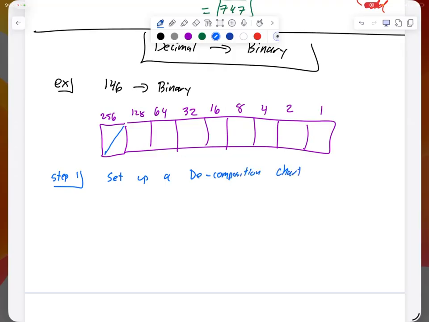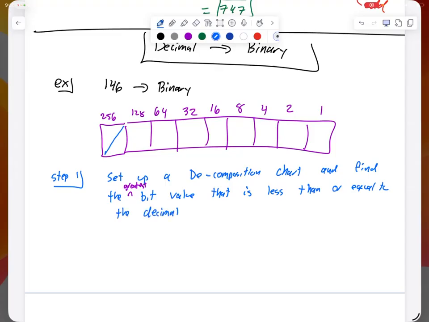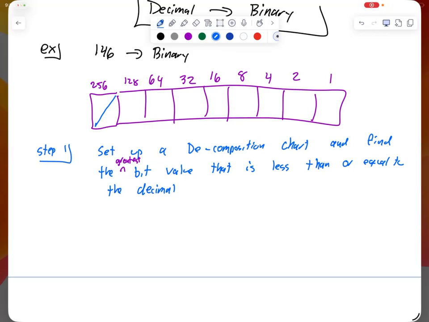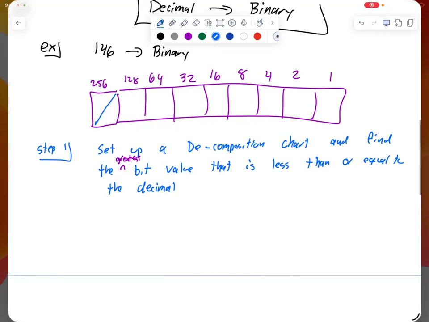I'll just put in words what I just said, and find the greatest bit value that is less than or equal to the decimal. So 128 is the greatest bit value that is less than or equal to 146.